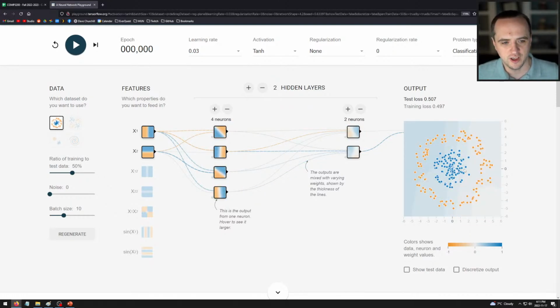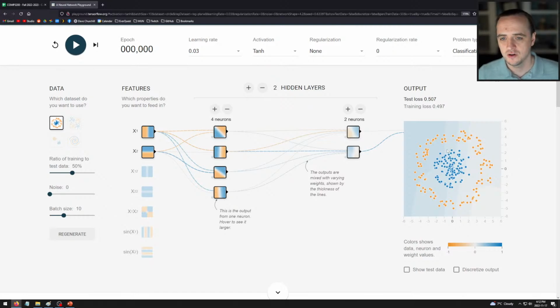The first training set, we have some X1s and some X2s. So we have the X and Y values of both of those. Okay. And we can see here that we have a classifier, and these points are either classified as blue or as orange. Whatever that means, doesn't really matter. But we have a classifier, and that classifier is either blue or orange.